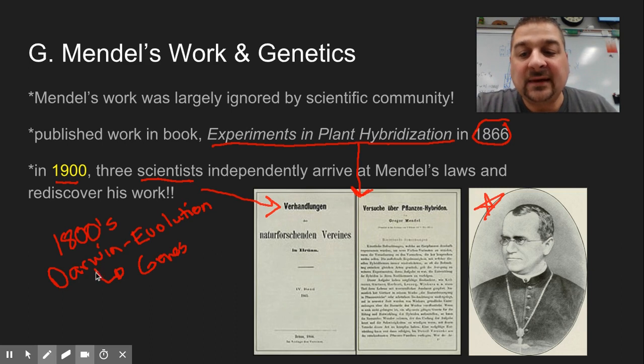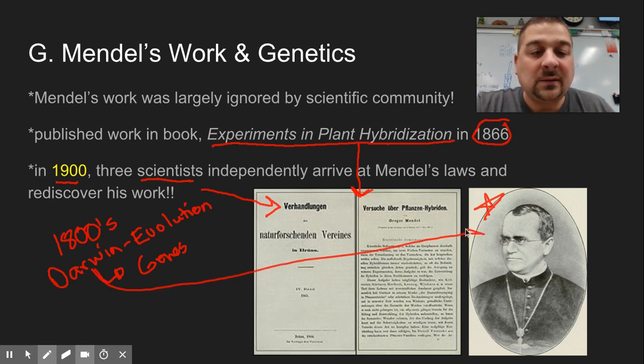And some people think if these two, Darwin and Mendel, would have connected back in their time, they would have advanced this idea of genetics tremendously, because their work really would have complemented each other, and it would have helped Darwin explain some of his evolution through natural selection and some of the mechanisms that we now know behind that.